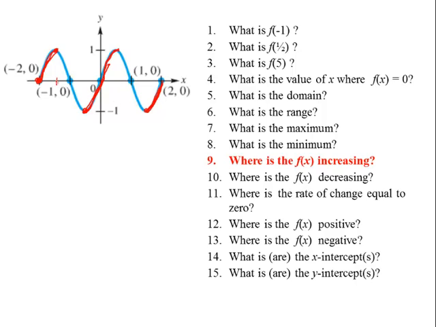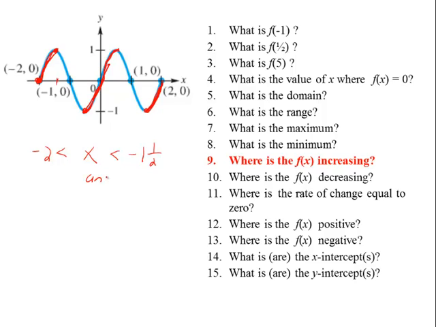So for the first section, this is -2, this is -1, so this is -1.5. So from -2 to -1.5, values of x will make the function increase. Now we don't put equal signs on here because we can't increase at a point.